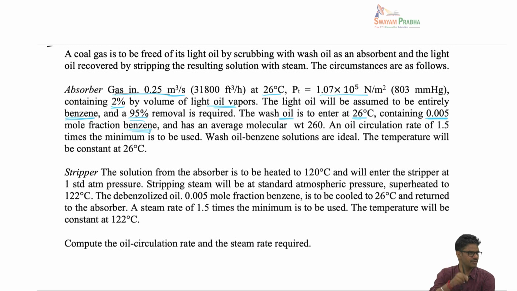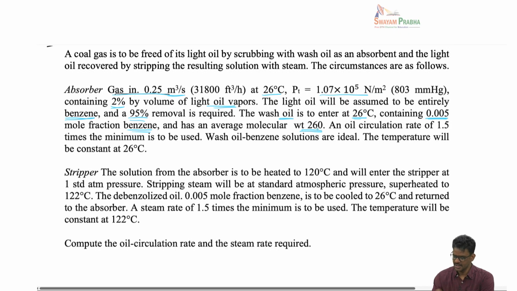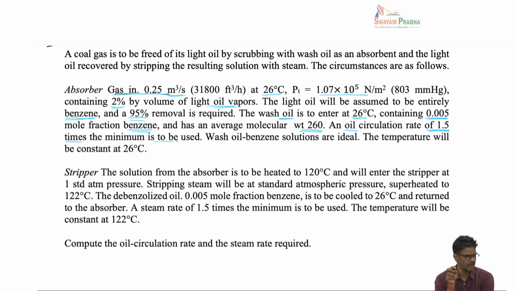The incoming composition of the liquid is mentioned, and the molecular weight of the liquid is also mentioned. Now you can see the oil is circulated at 1.5 times the minimum. So we first have to find the minimum liquid or oil flow rate, and then take 1.5 times that, 50% more.